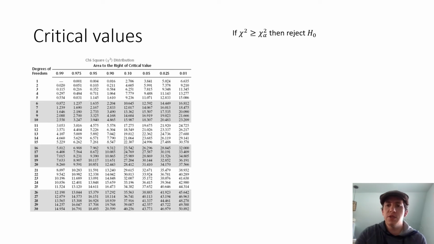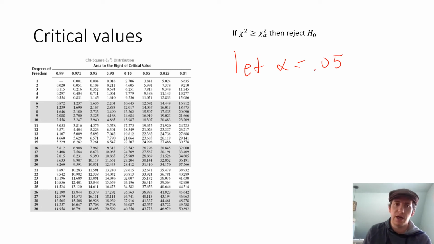Let's test this hypothesis using a critical value of 5%. Let alpha equal 0.05, and we're going to actually run a chi-squared hypothesis test for these bowling scores versus shirt colors. Just like in the last section, the 2 things you need when you're looking at the table for your critical value are your level of significance, which I just gave, and your degrees of freedom, which we just computed.